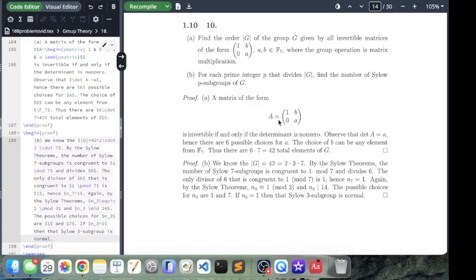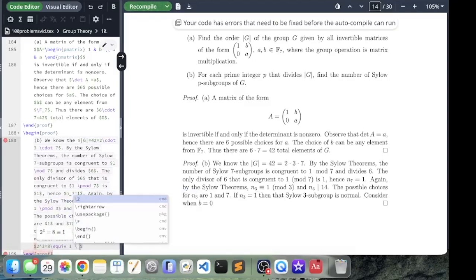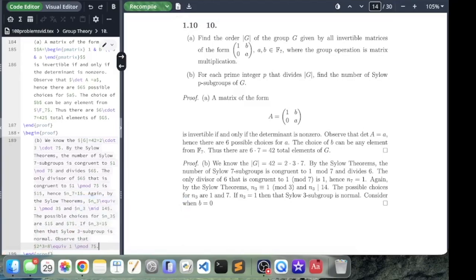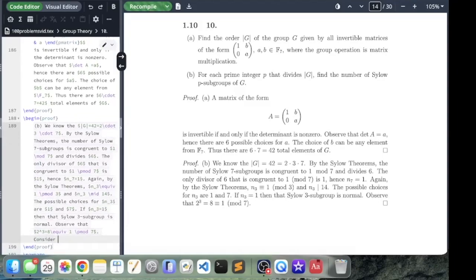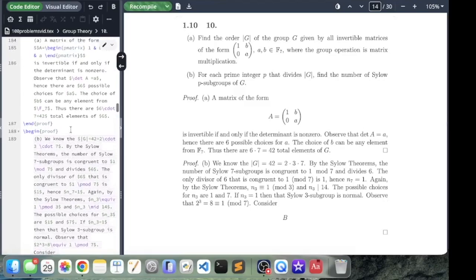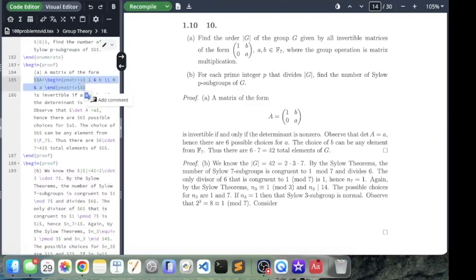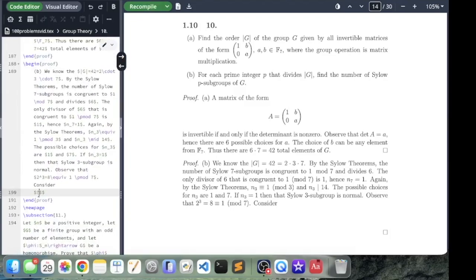It's easiest to think of if we consider, well, maybe I'll say this instead. Observe that 2 cubed is equal to 8, which is congruent to 1 mod 7. So consider, we're going to call this guy B. I want to copy that matrix so I can easily adjust it.